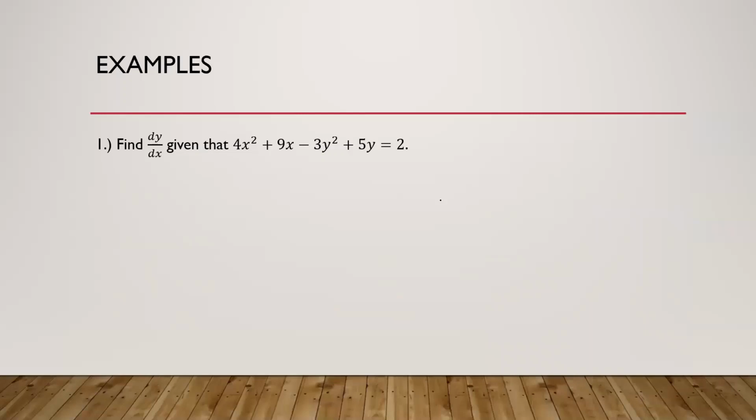So applying the steps, okay. We're going to differentiate both sides, every term na both sides. So we're going to place them inside the parentheses tapos yung apostrophe like na prime sa labas.